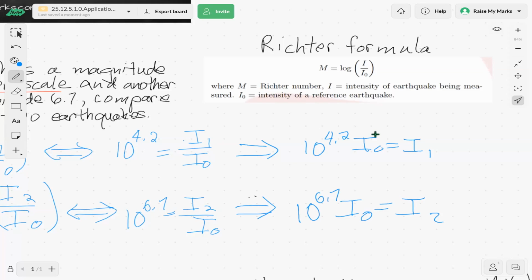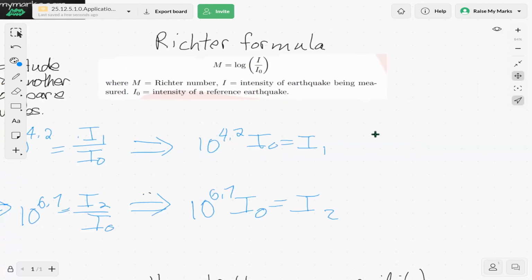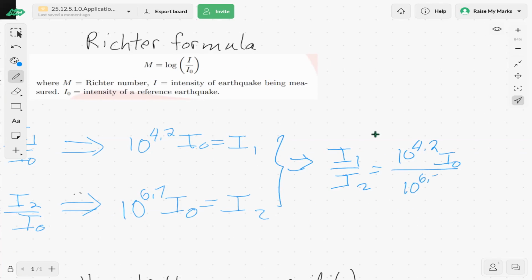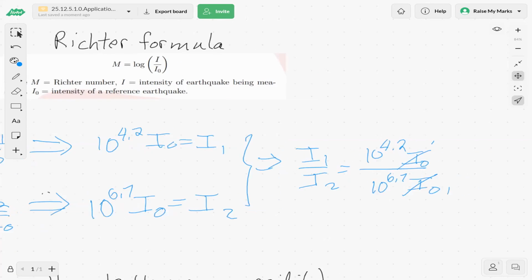So now we want to compare I1 and I2. So we're going to look at the ratio, let's say of I1 to I2. And what do we get? We get 10 to the power 4.2 times I0 over 10 to the power 6.7 times I0. Our I0s cancel out.